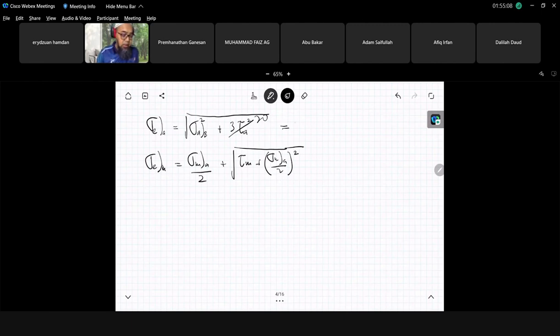So this one we get 62.05 megapascals. Untuk means, equivalent means, kita ada this value and we have this value as well.